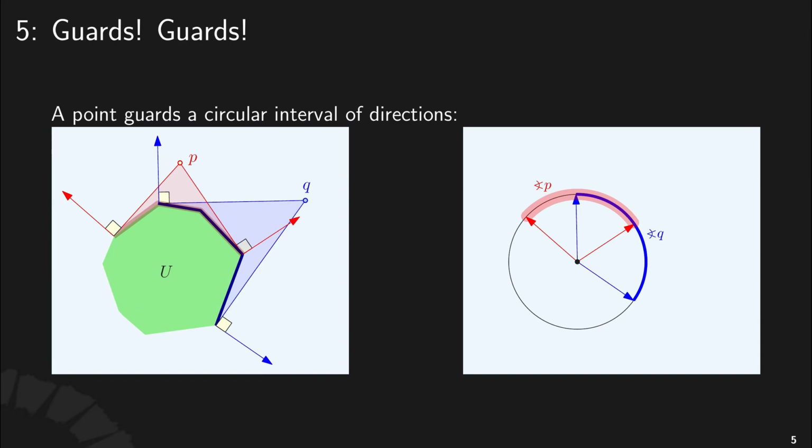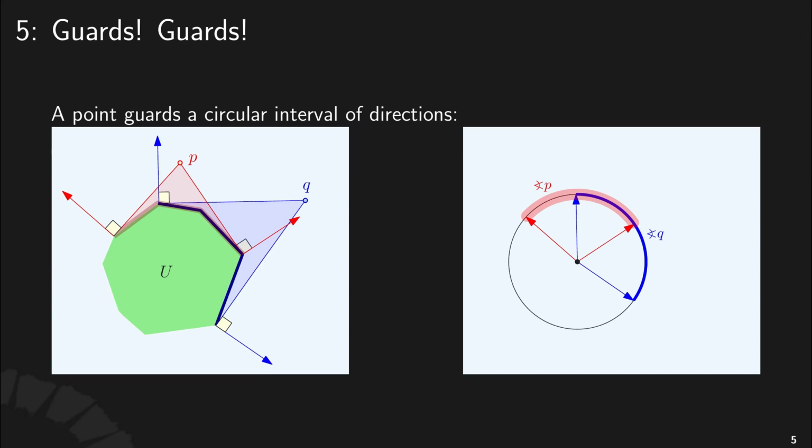My polygon has a tangent in this direction, and the point sees the tangency point if the point is on the other side of the tangent for this direction. So what happens is that every point now corresponds to a hat-like shape, which in this parametric space of directions corresponds to an arc.